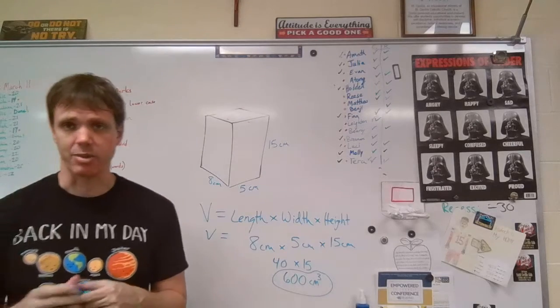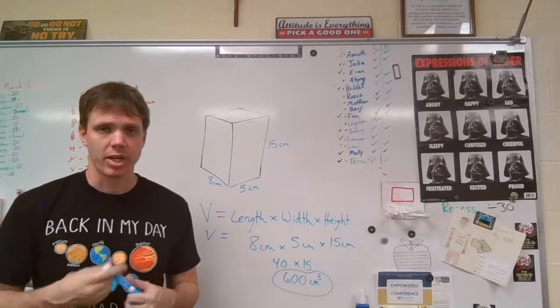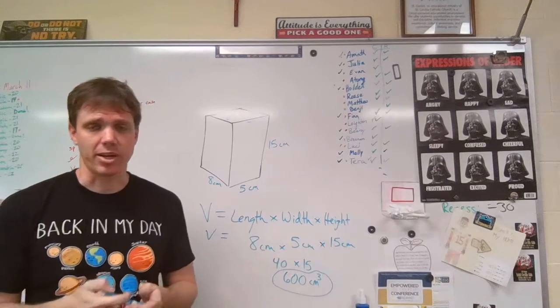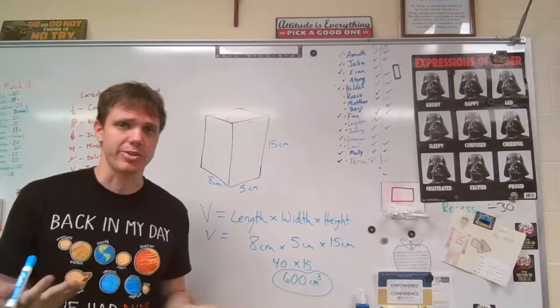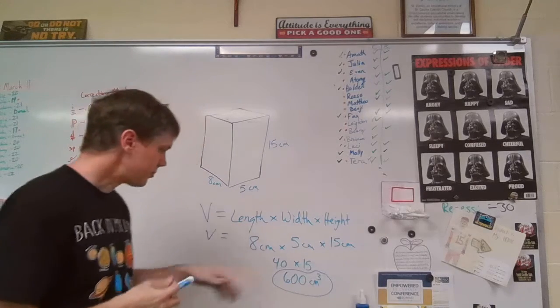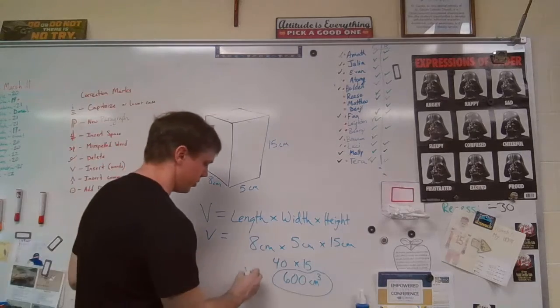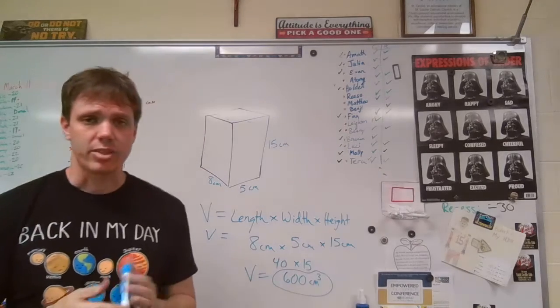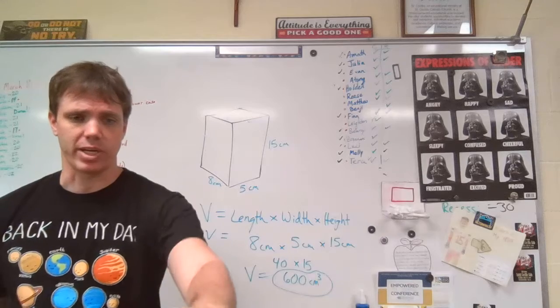Either write cubic centimeters, either CU, CM, or inches or feet or whatever it is, or else put the little 3 there. Don't forget that. If you do, then your units are wrong, and then I count off points, and it's this whole thing. So yeah, so the volume is equal to 600 centimeters cubed. All right, hopefully that gets you through 11.9.